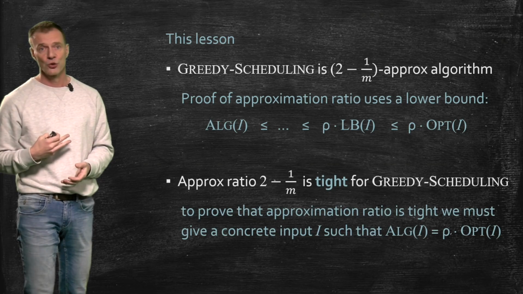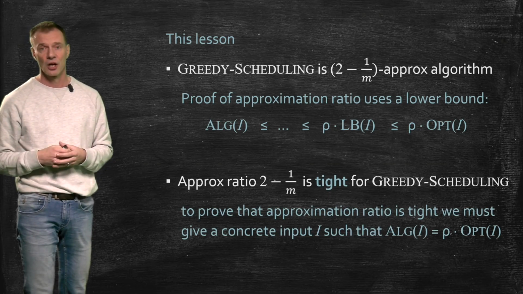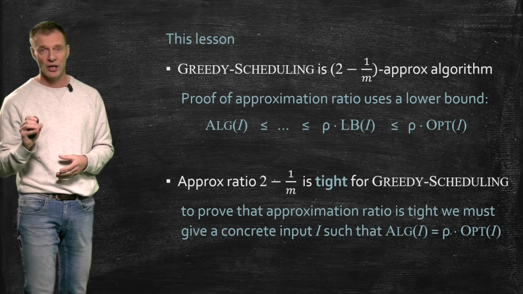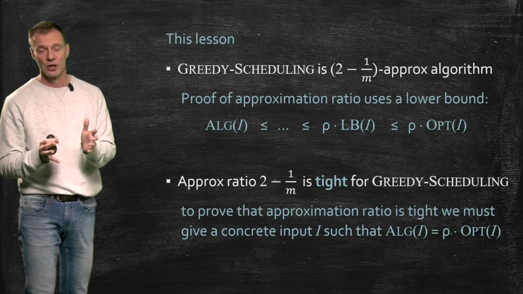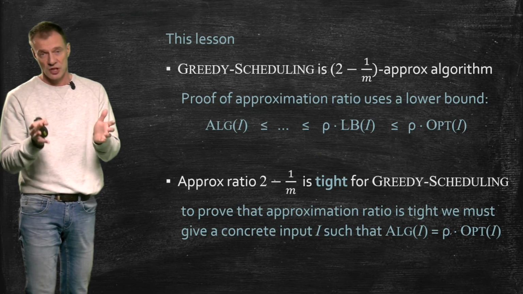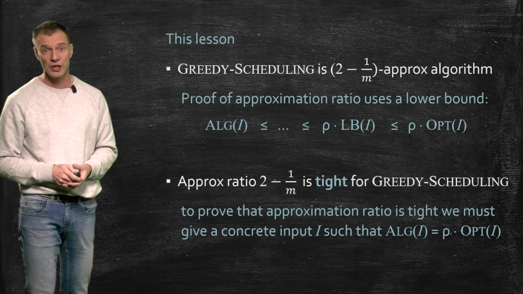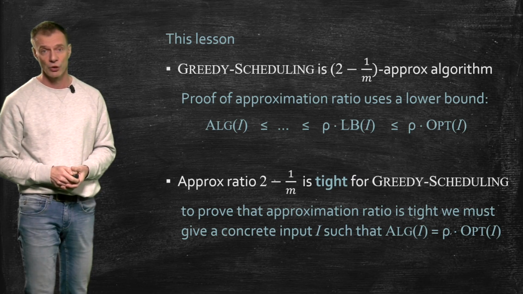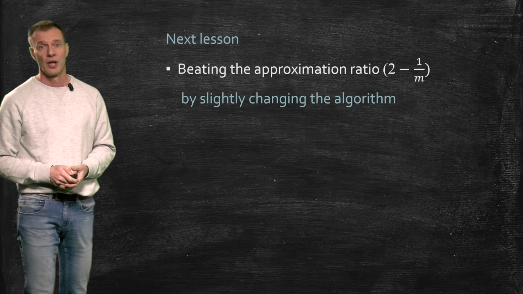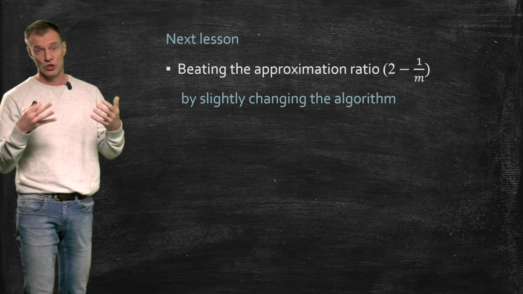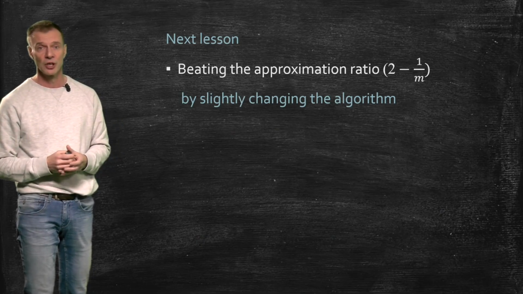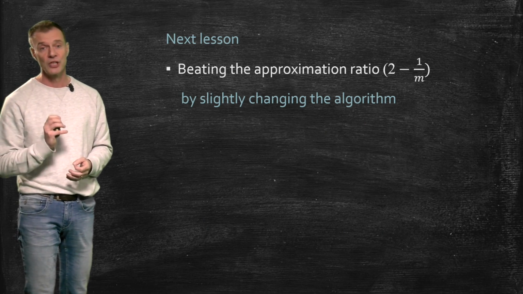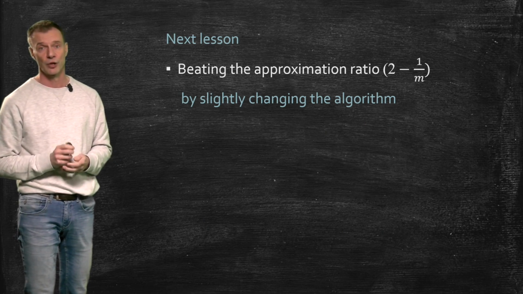We also saw that this approximation ratio, 2 minus 1/m, is actually tight for this algorithm. So there's no way to give a better analysis because sometimes it actually happens that you really get the 2 minus 1/m. And so in the next lesson, we're going to change our algorithm. Not much, but we're going to change it a little bit. And then actually we're going to beat this 2 minus 1/m bound.